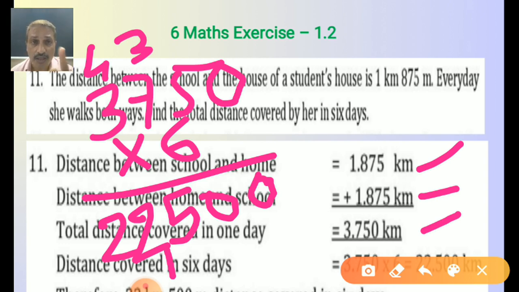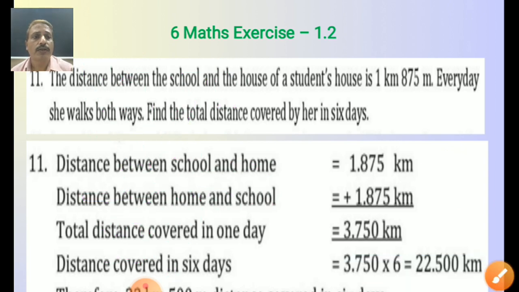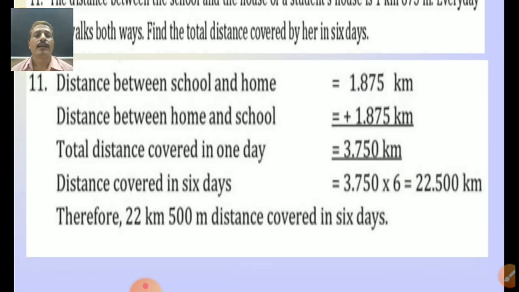Where you made a mistake, correct yourself. 22 kilometer 500, yes. Take your right hand up, keep it in your bag. Yes, I did it. All of you do this physical exercise and take pride in yourselves. So the distance traveled in 6 days is 22 kilometers 500 meters.